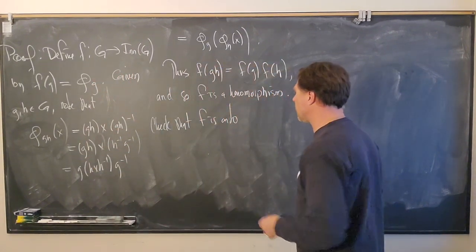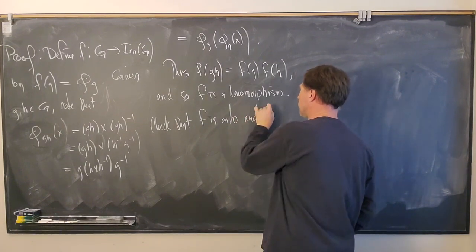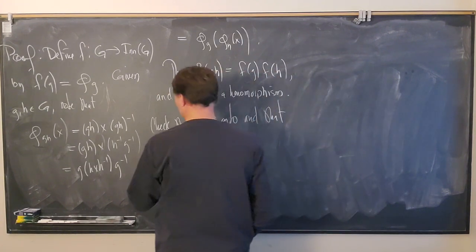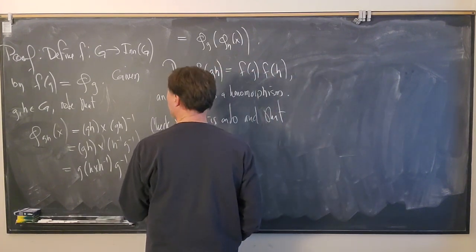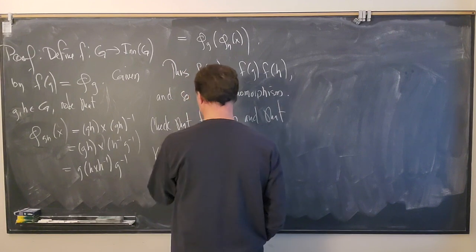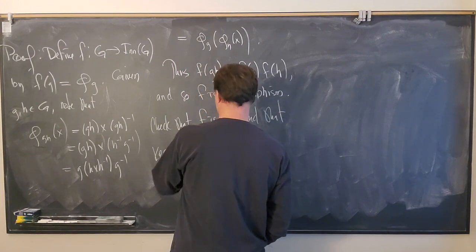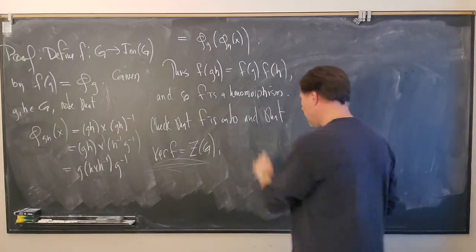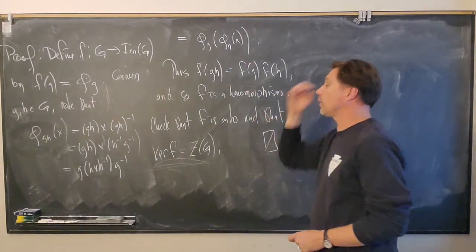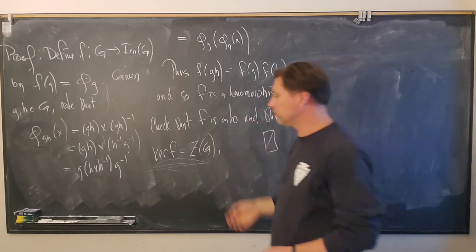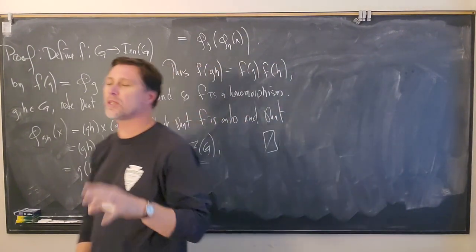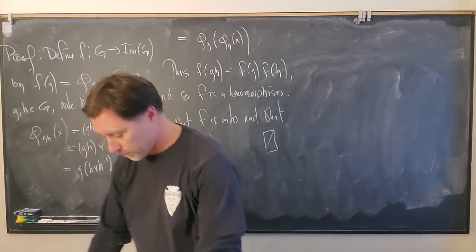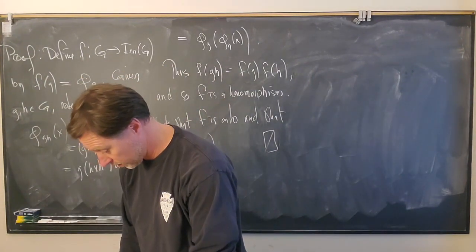So check that f is onto, and that the kernel of f is exactly equal to Z of G. That's a nice little exercise for you to do. Okay, so that completes the proof, and so we now know that the quotient G mod Z of G is exactly isomorphic to the group of inner automorphisms of G.